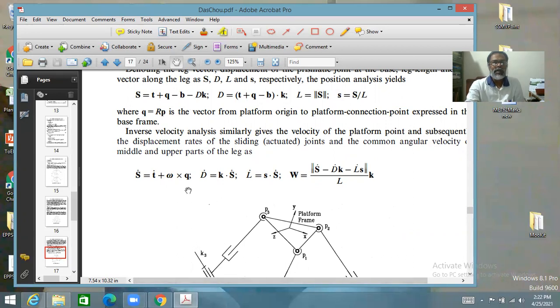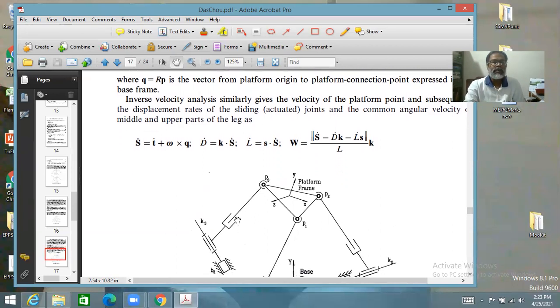Basically, from the complete leg you remove this, and so this vector you get. Then based on the leg length, the length of this, you get L and the unit vector along this, and so on. And the similar analysis, step by step, you carry out over the leg.